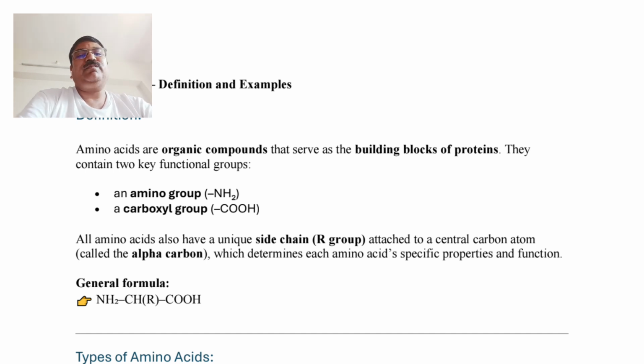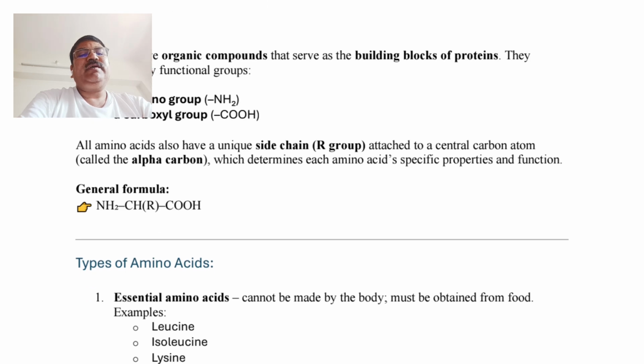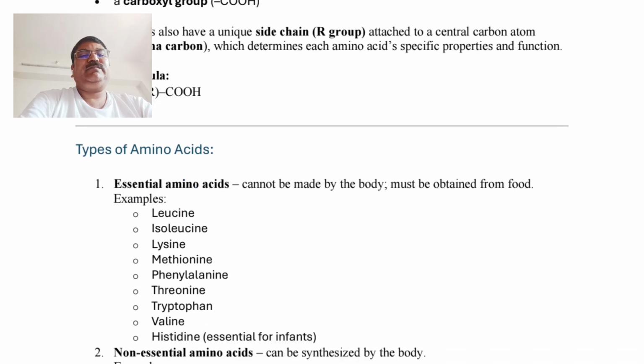So simply, alpha amino acids are defined as organic compounds containing an amino group, a COOH group and an R group as a side chain, and are important building blocks of protein. This is the simple definition of alpha amino acid. Now we see the different types of alpha amino acid.